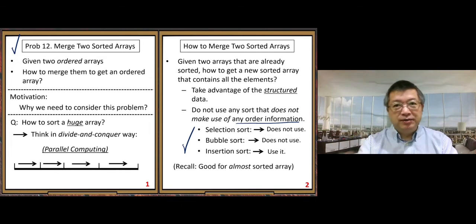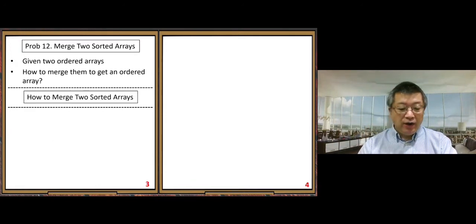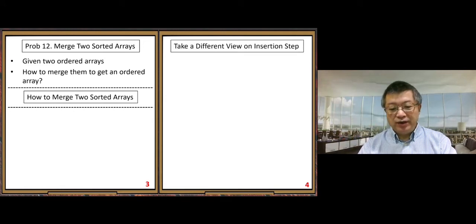Here, let us look at the relationship between the insertion step and this merge step. Here, we need to do that merge step, not insertion step. They're different, but they are related. We want to look at the difference.